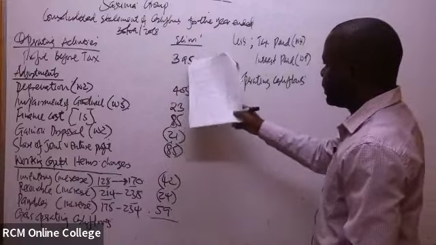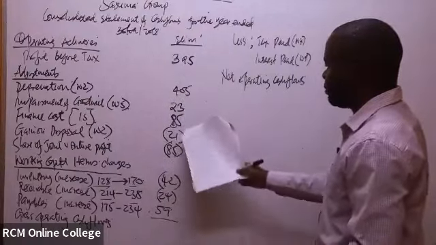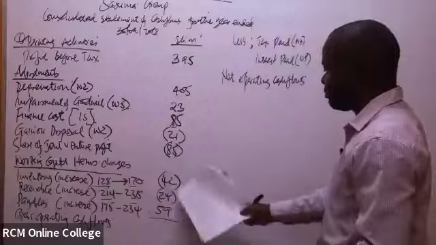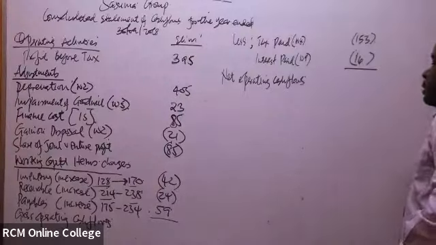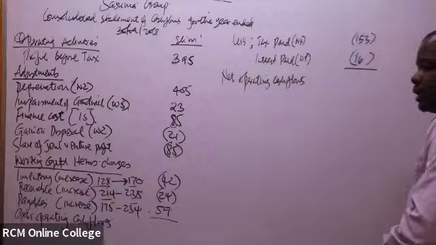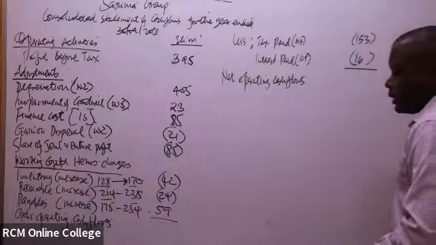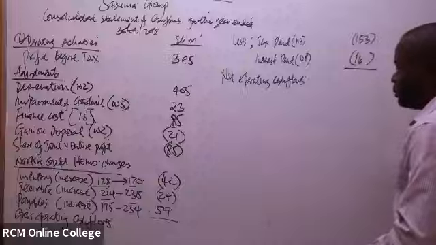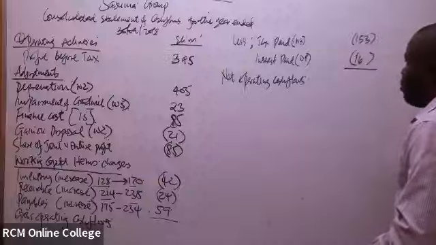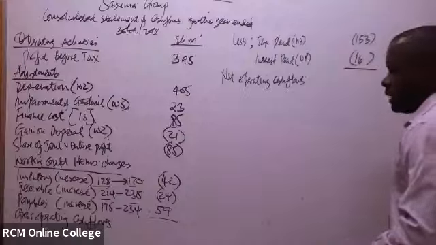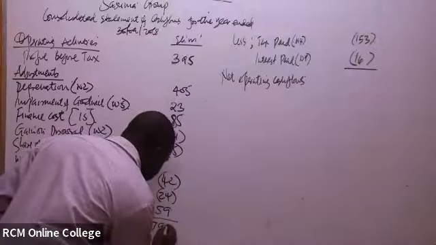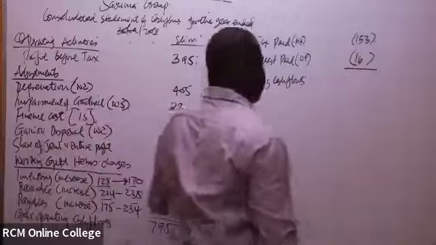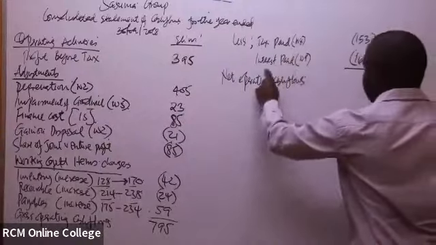If you add 395 plus 45 plus 23 plus 85, minus this, minus this, minus this, minus this, plus this, you get a figure of how much? The gross operating cash flows: 795. So you should be able to get 795. So 795, you less the tax paid and the interest paid.